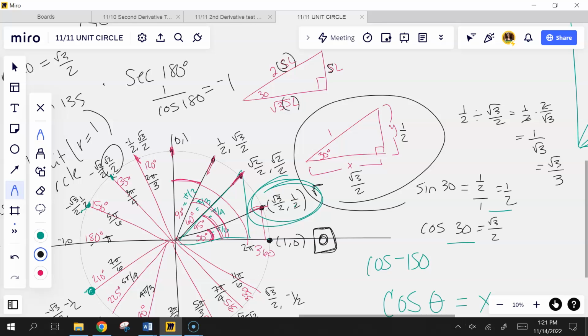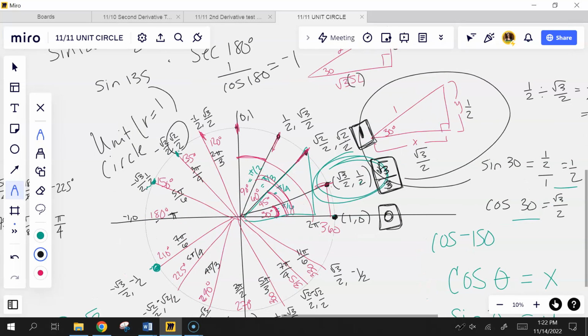I always had to derive the tangent values. So the tangent of pi over 6 is root 3 over 3. And again, here these are just flipped, right?